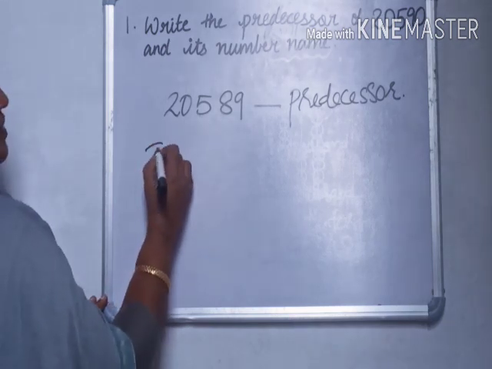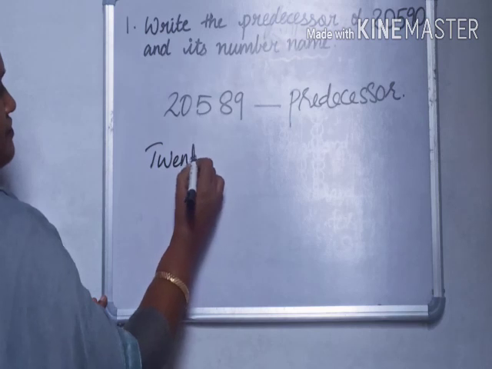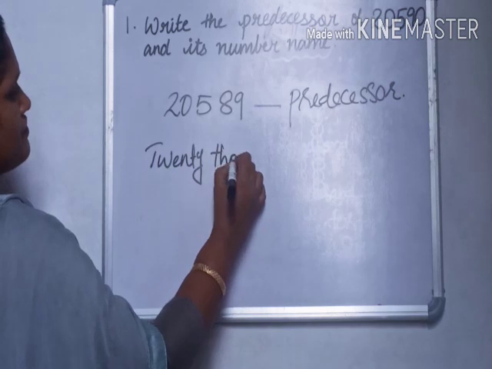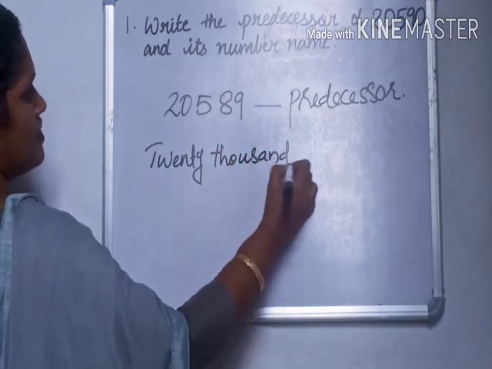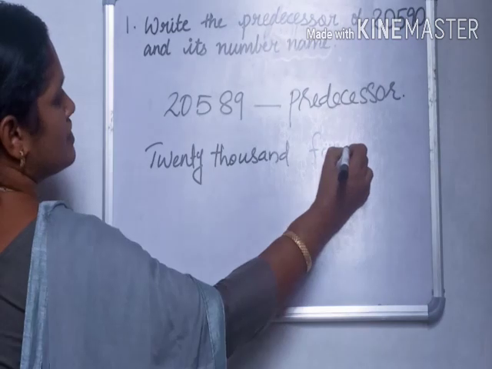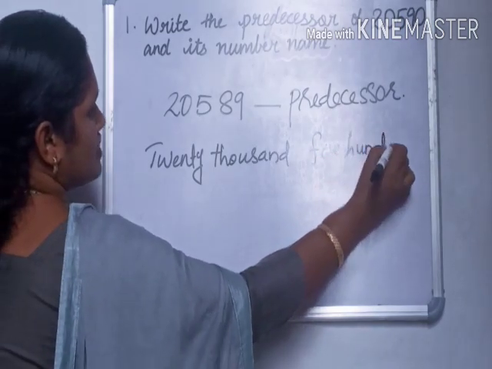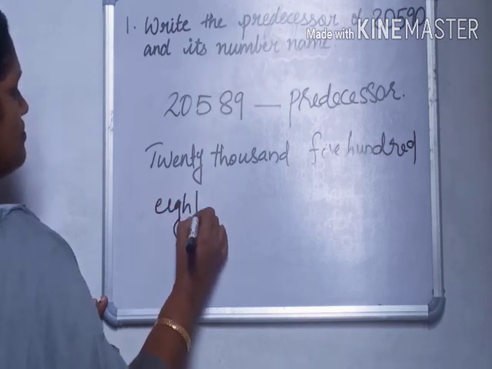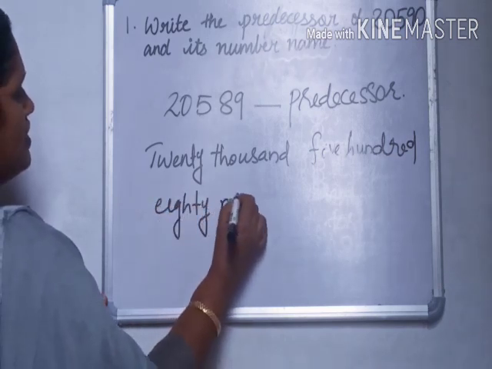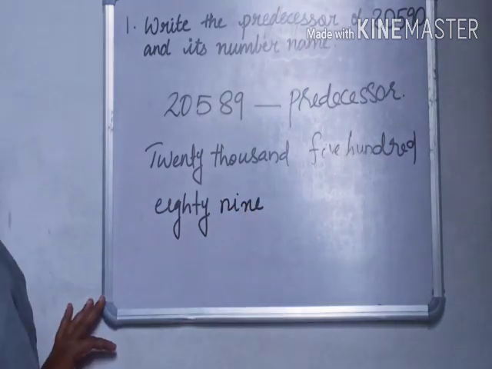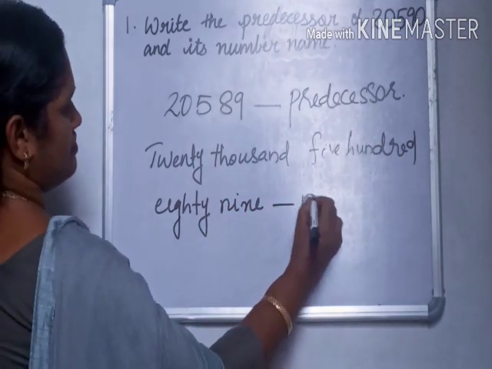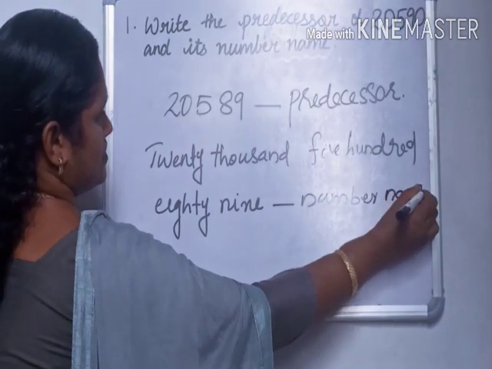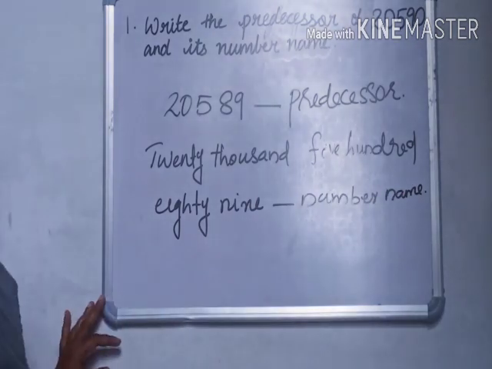So 20,000, 500, 89 is the number name. Clear all of you?